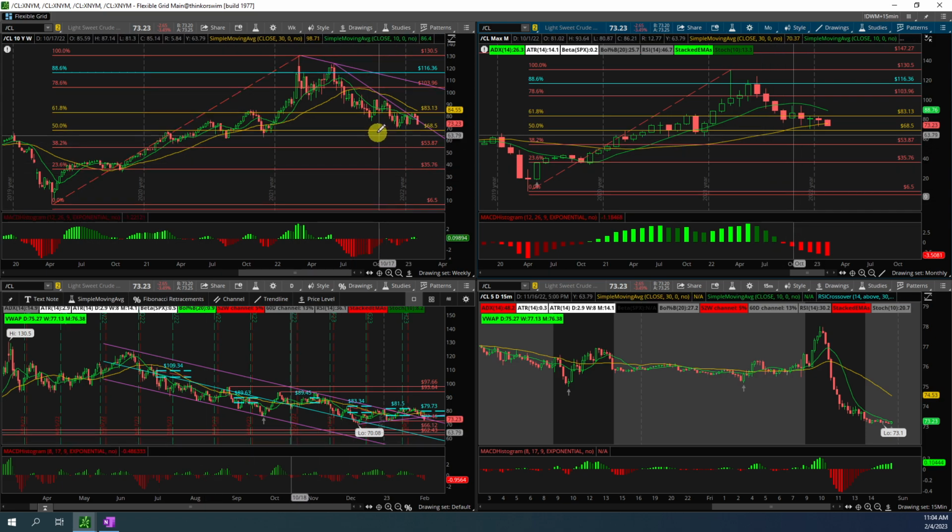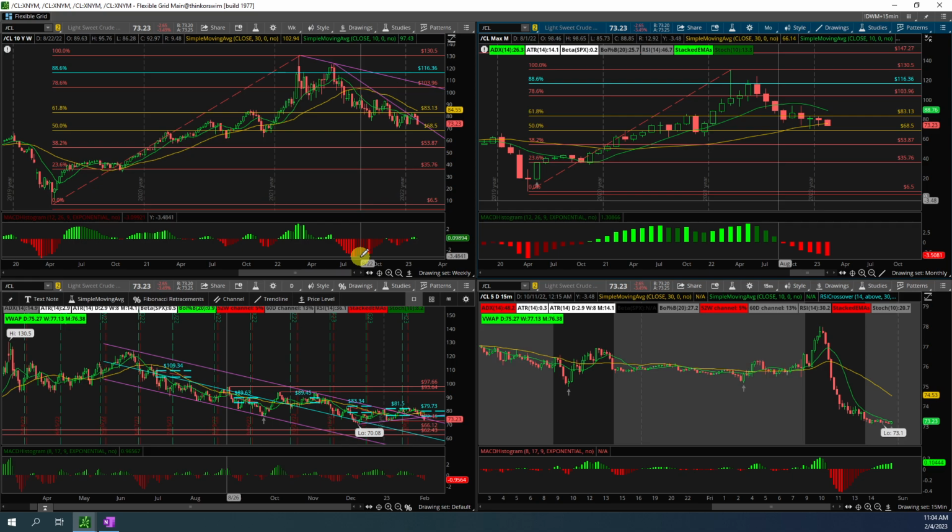There is, though, in the weeklies, if we look at the weeklies here, you see that there is a divergence on this histogram. So you have a low right here, and then you have a lower low, while in here you have momentum that is moving to the upside.